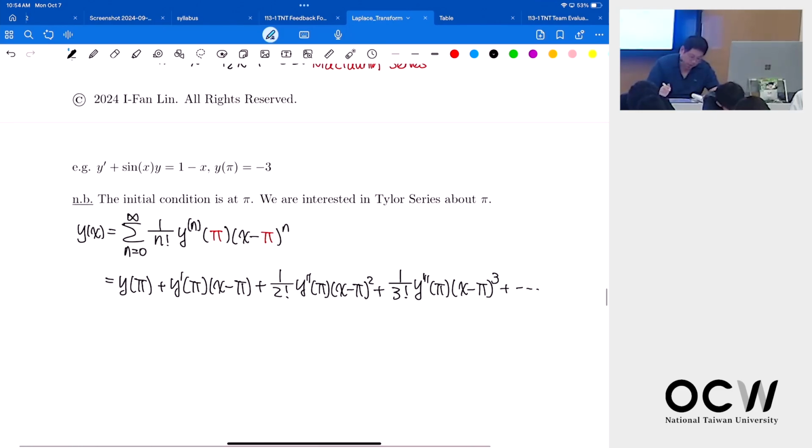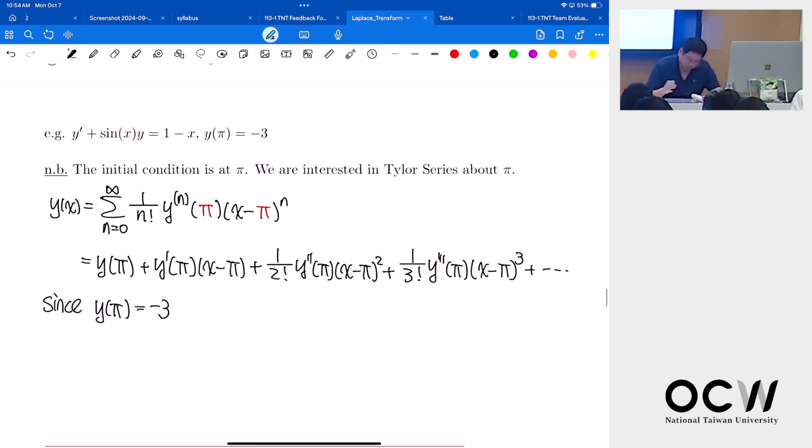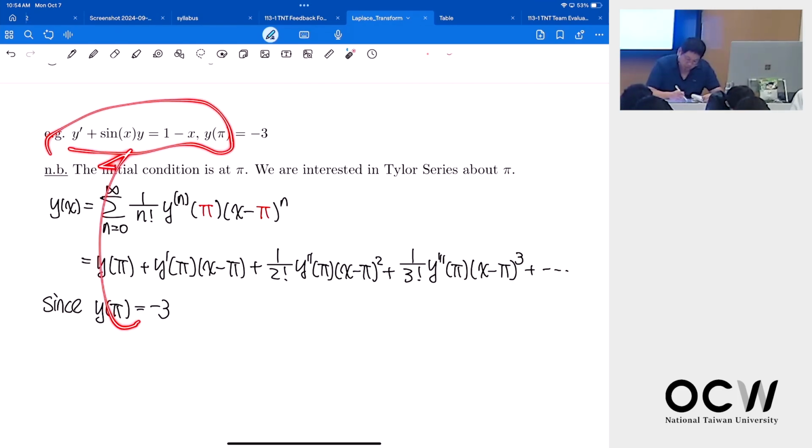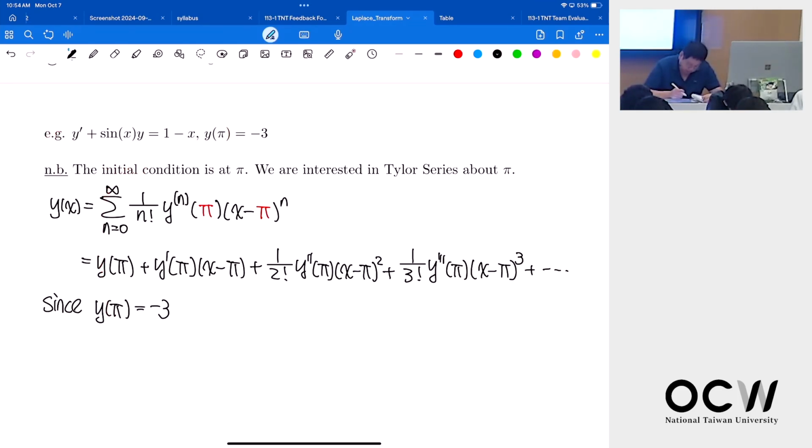Now we need to use the initial condition. So since y of pi equals minus 3, okay, we'll bring this to the original equation. y prime of pi plus sine pi times y of pi, that equals 1 minus pi.